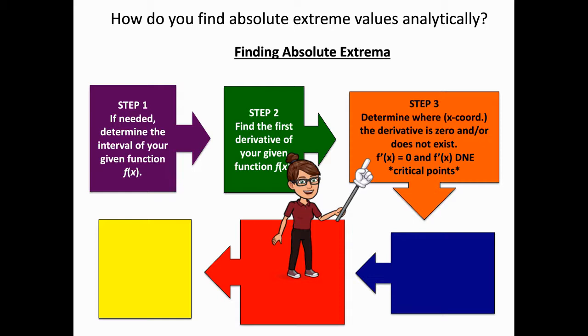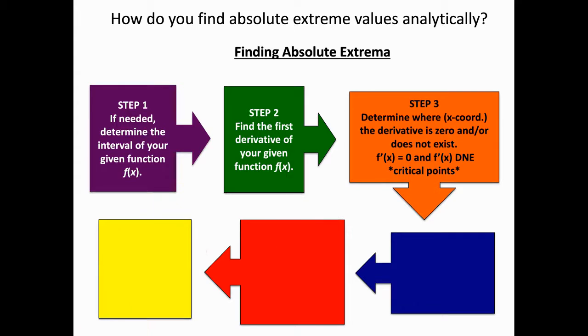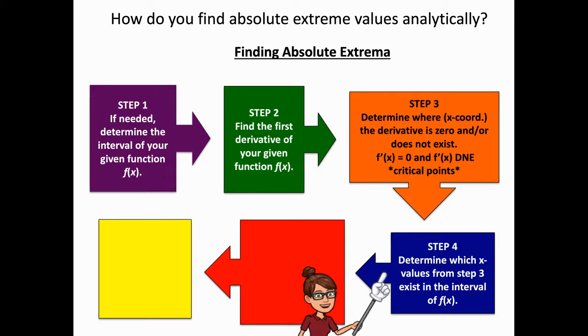That's where you're going to generate your critical points. Tip, don't assume you will have critical points in both of those categories. You may have them only in one and not the other. And it's also highly possible you could end up with no critical points at all. Step 4, once you find your x values, check them against your interval. You could end up generating a critical point that doesn't even exist in your interval.